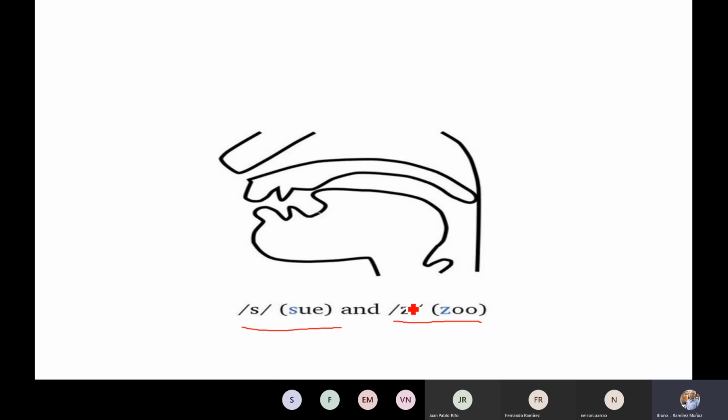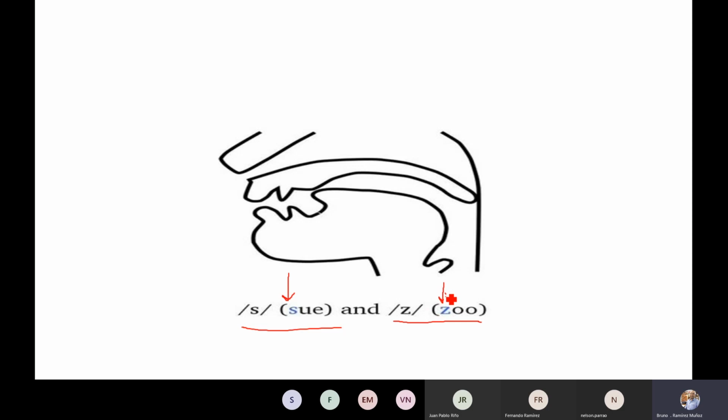If you pay attention, these are minimal pairs, right? Because the only difference is the initial sound, S and Z. So you could perfectly say in the same sentence, I went with Sue to the zoo, or Sue visited the zoo, right?